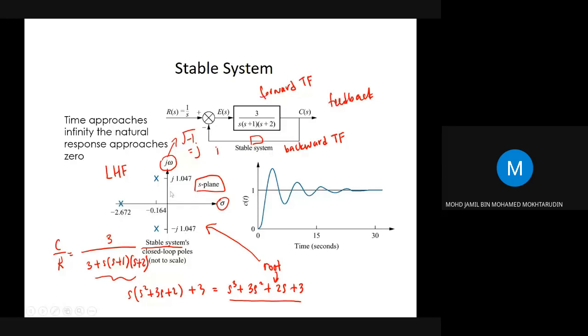If we try to find the time response c(t) and plot c(t) against time, you will see that the graph of c(t) oscillates and then slowly reaches a steady state value. This kind of time response is a stable time response.